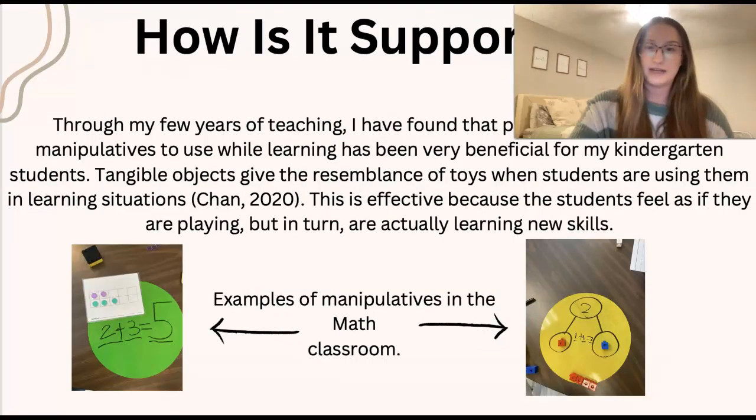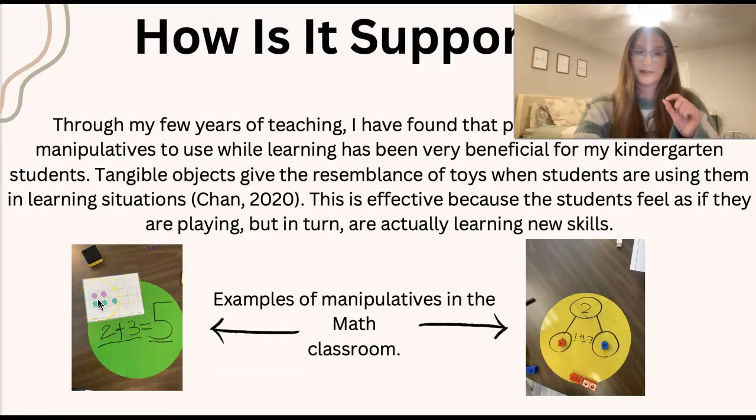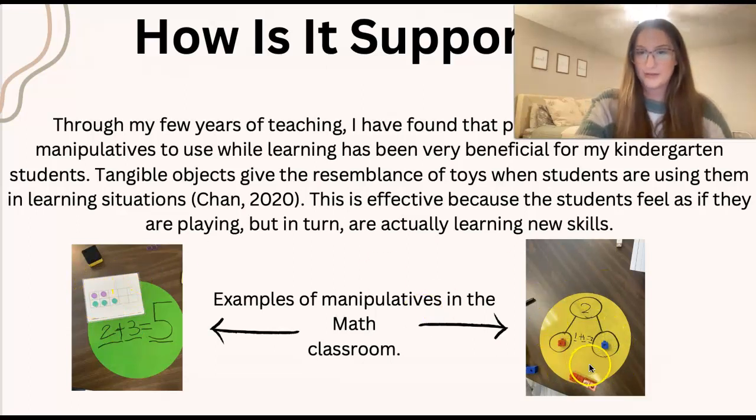Right here, you can kind of see that. So in this one right here, the 2 plus 3, just addition problem, these are small magnetic counters that are very tiny. Whereas over here in the number bond, we use Unifix cubes, which are much bigger. And so this is used for my students that need to strengthen their motor skills.